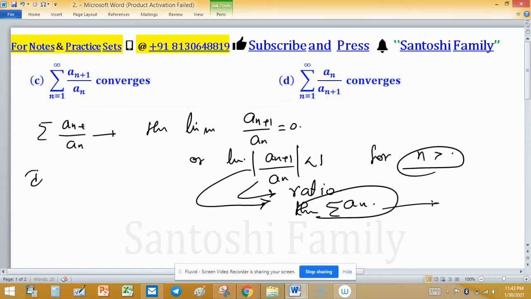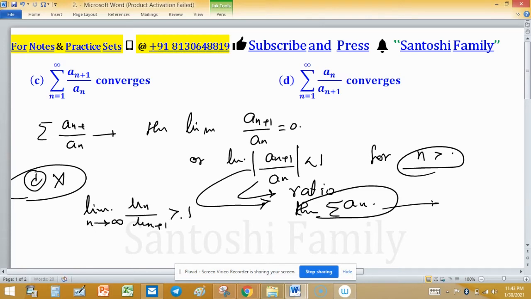Now if C is true, then D is automatically discarded. We have the ratio test in two formats, or we normally write two types. If we see the limit as n tends to infinity of u_n upon u_n plus 1, then this limit should be greater than 1 for convergence.